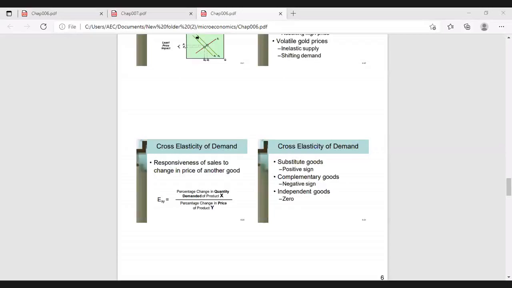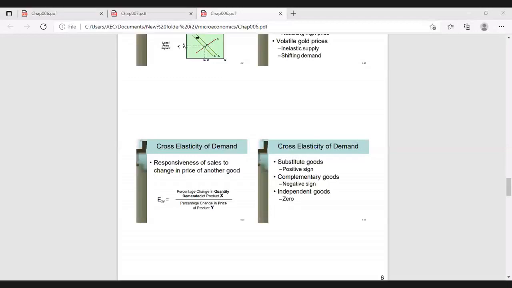If the cross price elasticity is very small or zero, we can say both commodities are unrelated or independent. Most commodities are independent or unrelated.